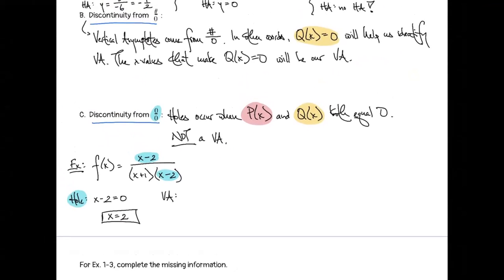What about finding a vertical asymptote? Where, and by where, I mean what x value, do we think that we're going to have a vertical asymptote?